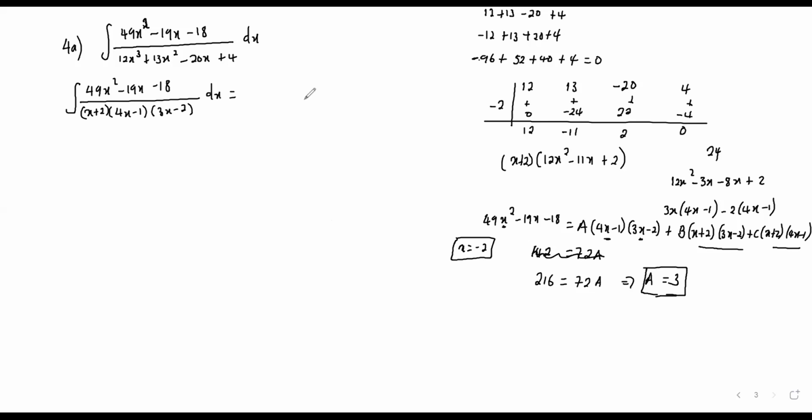See? So I've gotten A, so I'm filling in here. I'm having the integral of 3 over x plus 2. Let's go. What will be B? So for B, big numbers then.